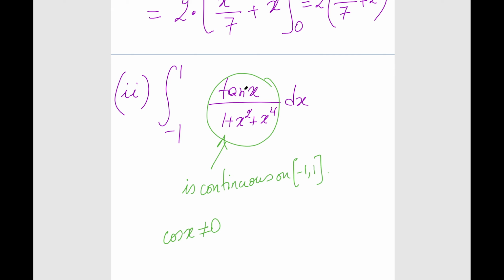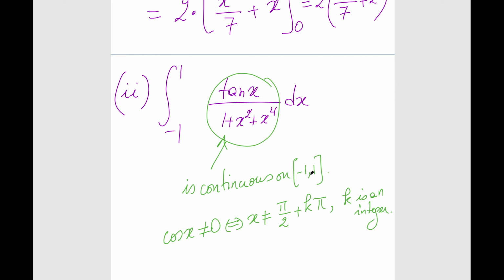So for the tangent to be defined, I need cosine not to be 0, and cosine is not 0 if and only if x is not equal to pi over 2 plus an integer multiple of pi, where k is an integer. Correct? So this is from trig. So tangent is not defined at those points.